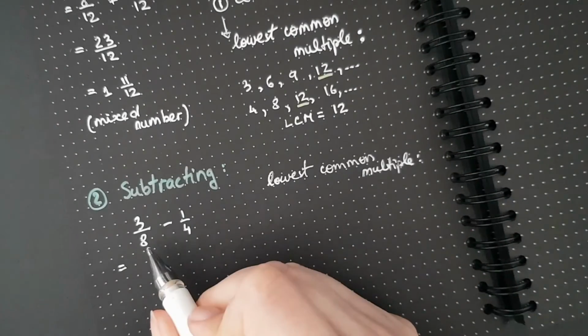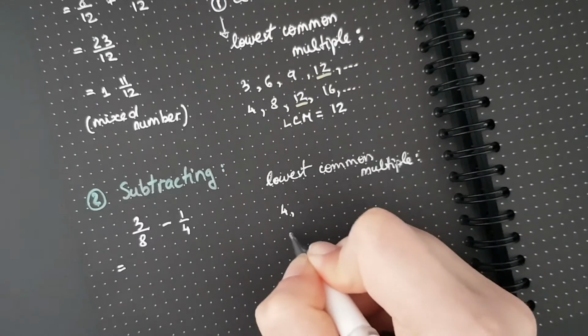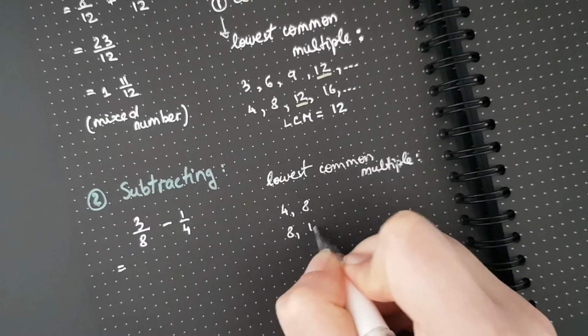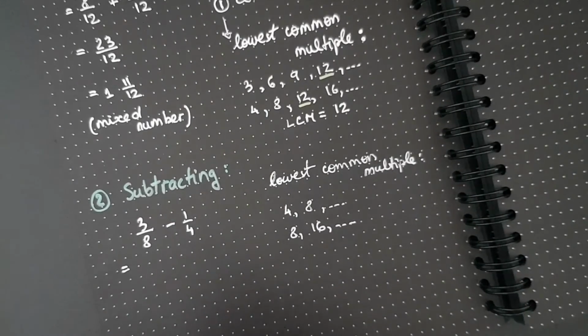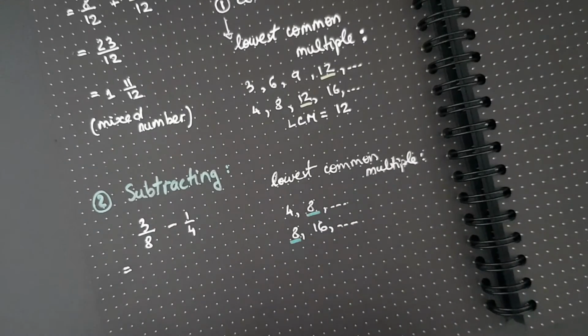I need the 8 times table, the 4 times table. So I'm going to start with 4. So 4 times 2, 8, 8 times 2, 16. I don't even need to go more. I can see straight away that this 8 is the lowest common multiple.